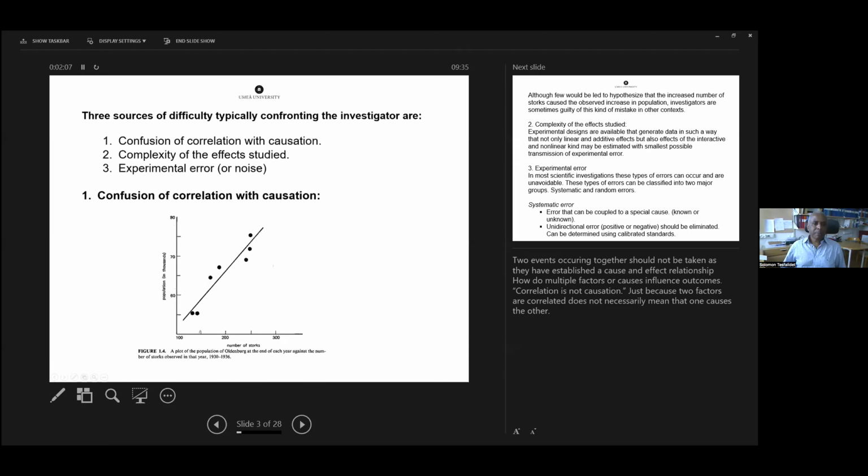Okay. And there are sources of difficulty confronting the investigator. One example is the confusion of correlation with causation.